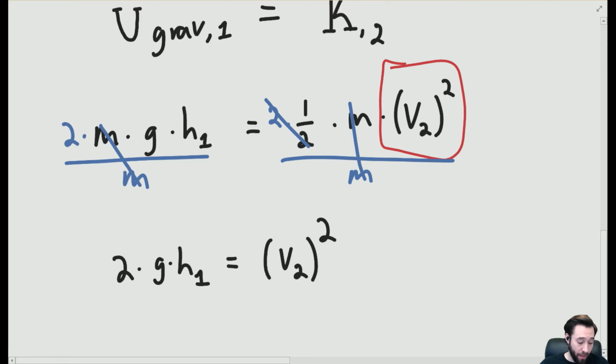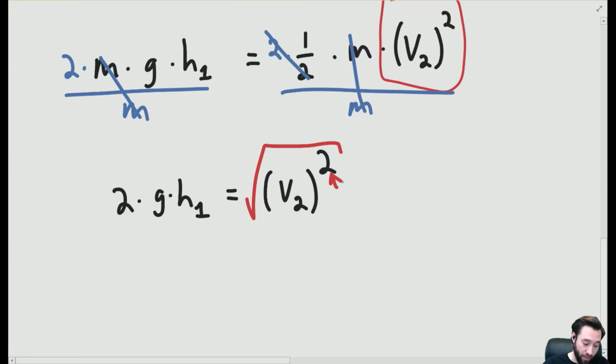Okay. Now, I don't want v2 squared. I just want v2 by itself. So how do I remove a square? I know it's probably been a long time since you guys have seen this, but a square and the square root will cancel each other out. So if I take the square root of something that is already squared, it's just going to cancel out this square here.